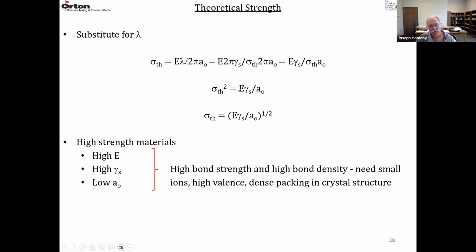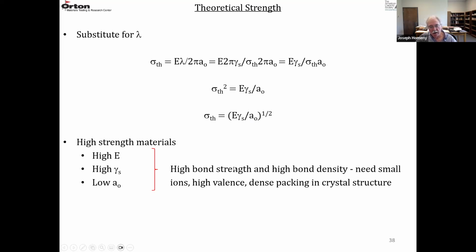And if you take the square root of each side of this equation, our final result is the theoretical strength equals the elastic modulus times the fracture surface energy divided by the interatomic spacing, and that's all to the 1/2 power. So if we look at this equation, if we want a high strength material, we want a high elastic modulus, a high fracture energy, and a small interatomic spacing.